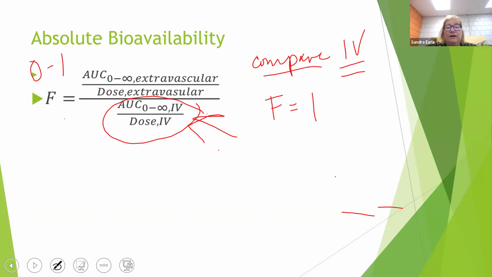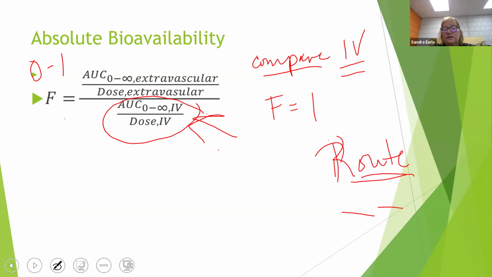Through the years, I've had some wonderful students that are native Spanish speakers, and they say I should say rauta. And sometimes I say route, because that's another way of pronouncing that word. So if I say rauta, route, or route, it all means the route of administration.